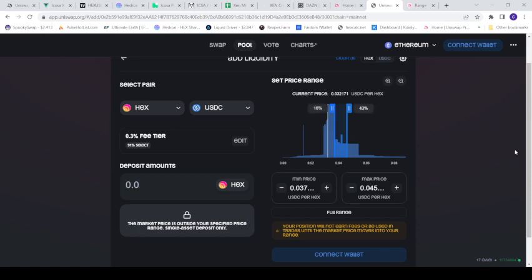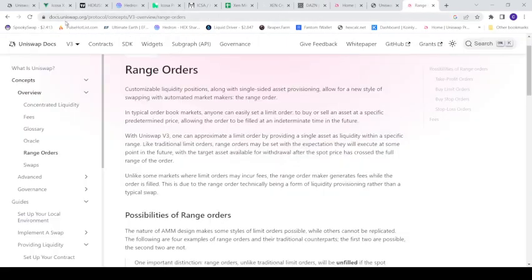So I'm just going to briefly go through the basics on how it actually works. There won't be any strategy or anything like that, just the basics. I found a good resource on docs.uniswap.org, and you can basically just come in here and read.